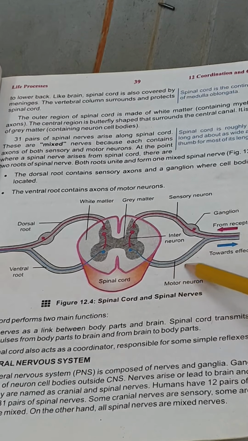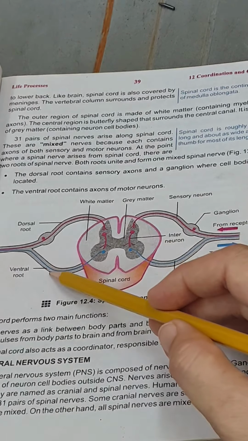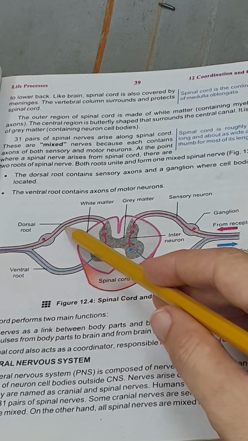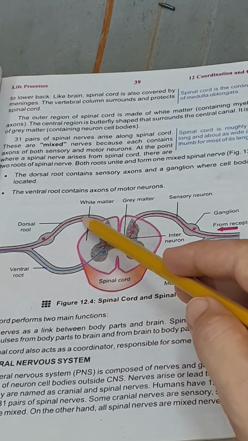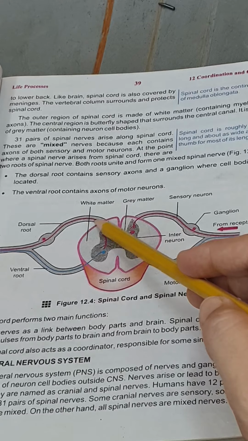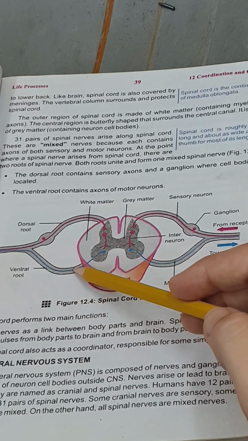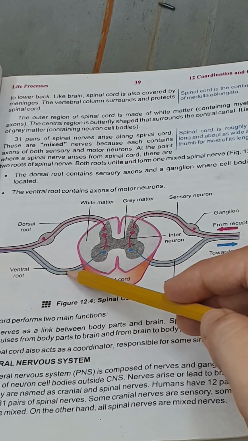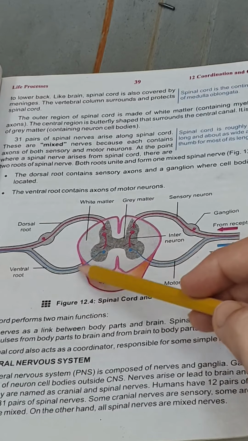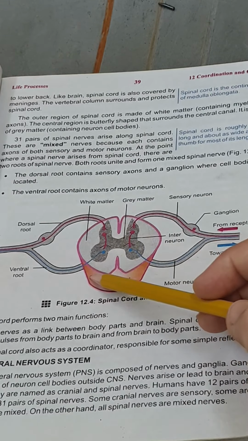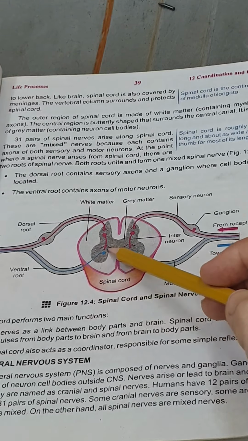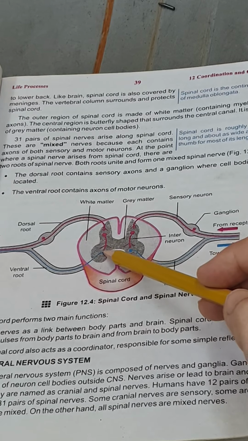This is the ventral portion, as shown here, and this is the dorsal portion. The dorsal portion receives the axon of the sensory neuron, and the ventral root receives the axon of the motor neuron. So mixed nerves come first toward the white matter, then go inside the gray matter.